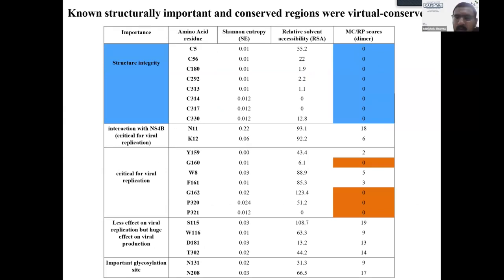Now we come to our main question: whether this kind of arrangement of NS1 state is affecting its evolution or not. One could expect that observed variable regions should more likely fall in the virtually variable region, whereas the virtually conserved region should be more in number among the observed conserved positions.